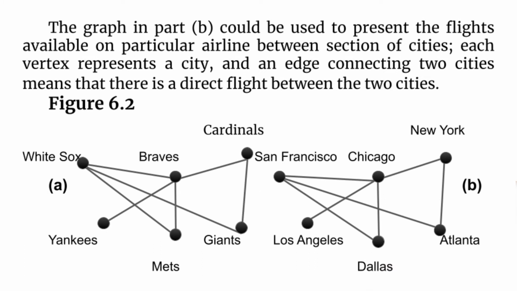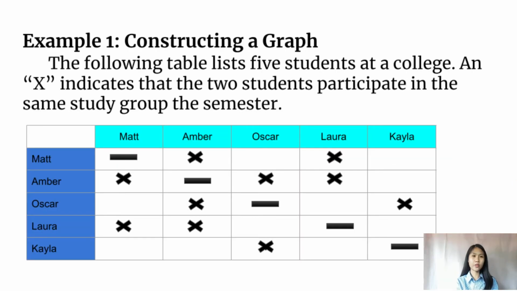The graph in Part B could be used to represent the flights available on a particular airline between a selection of cities. Each vertex represents a city, and an edge connecting two cities means that there is a direct flight between the two cities.